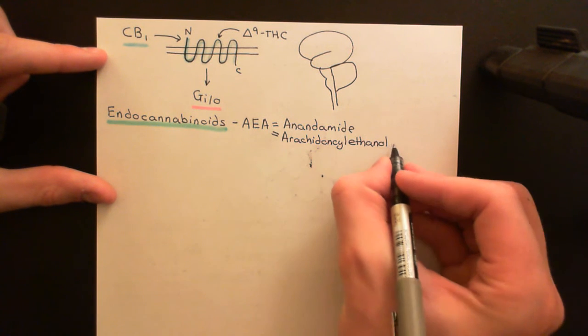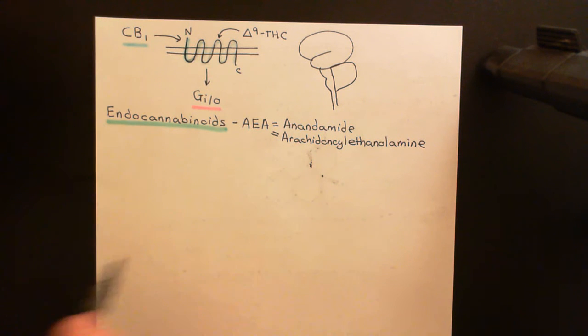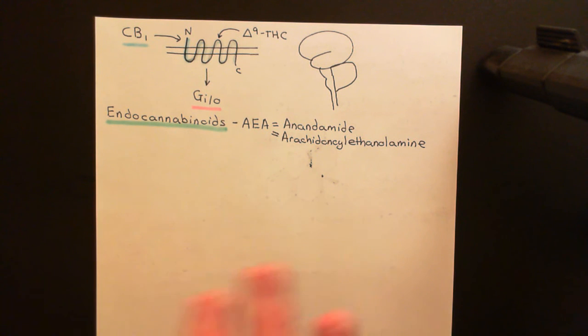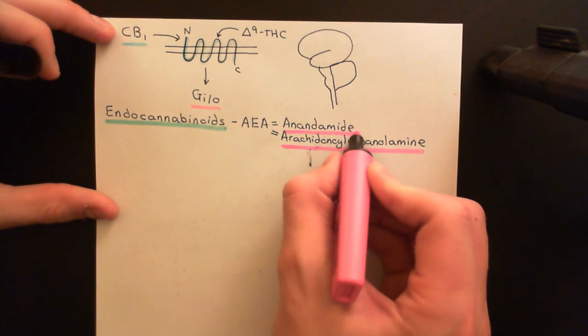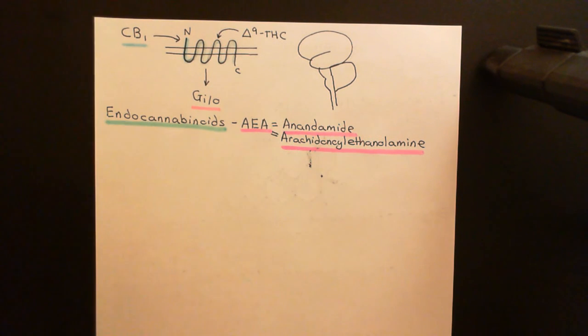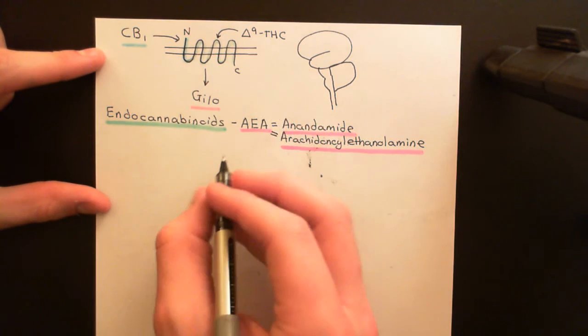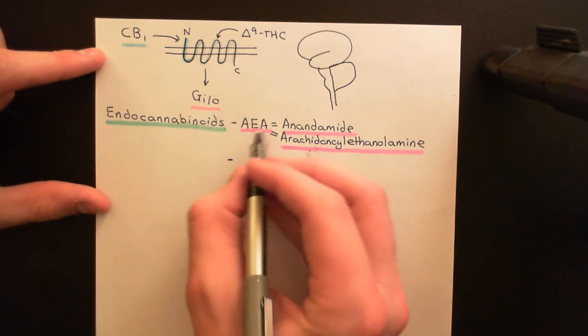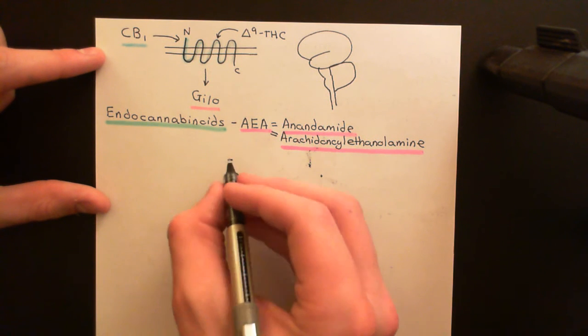Ethanol is the E, and then amine is the second A there. Okay, and it's a derivative of arachidonic acid. It's just arachidonic acid bound to ethanolamine. Okay, so that's anandamide or arachidonoyl ethanolamine, AEA. That's one of the endocannabinoids. So that will activate the CB1 receptor, and indeed this is used inside the brain to endogenously activate CB1 receptors.